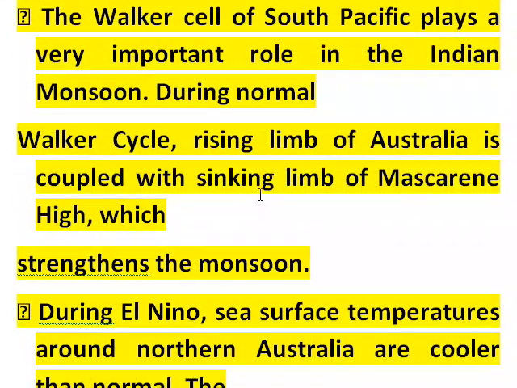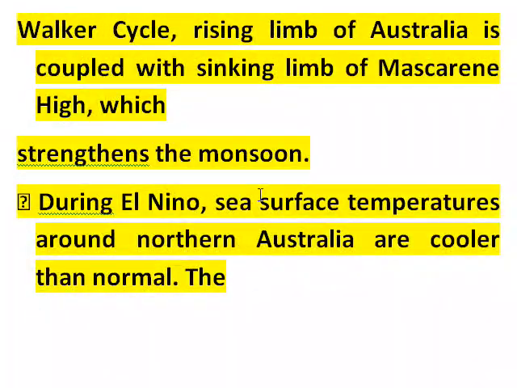During the normal Walker cycle, the rising limb over Australia is coupled with the sinking limb of the Mascarene high, which strengthens the monsoon.